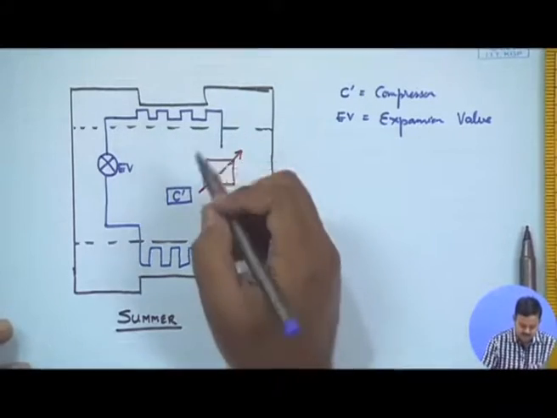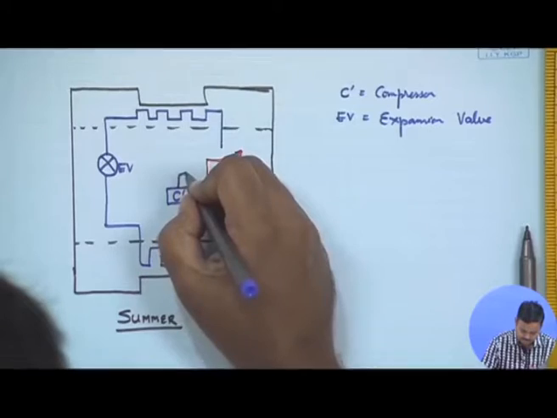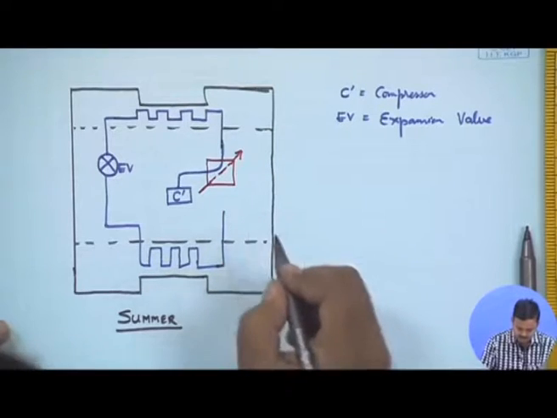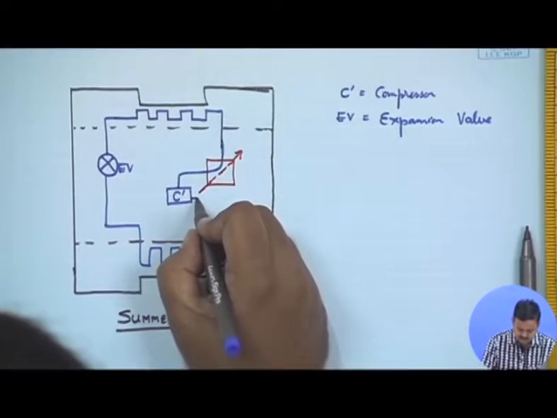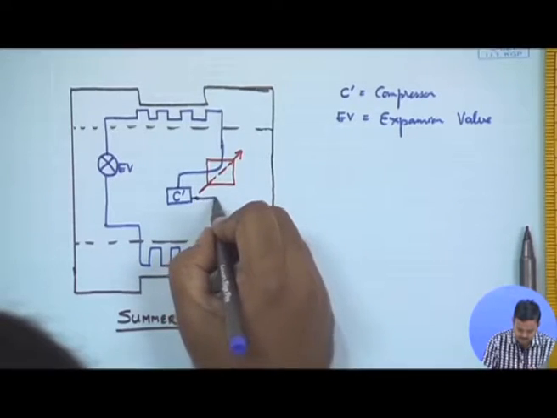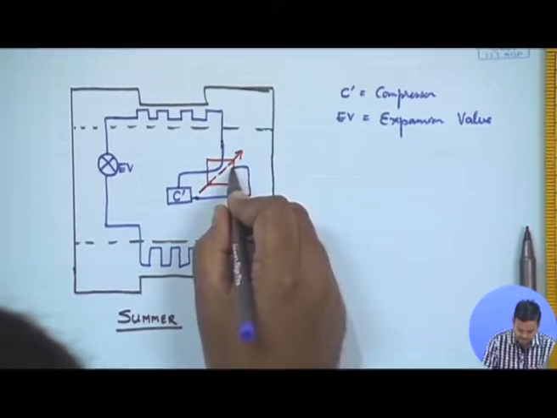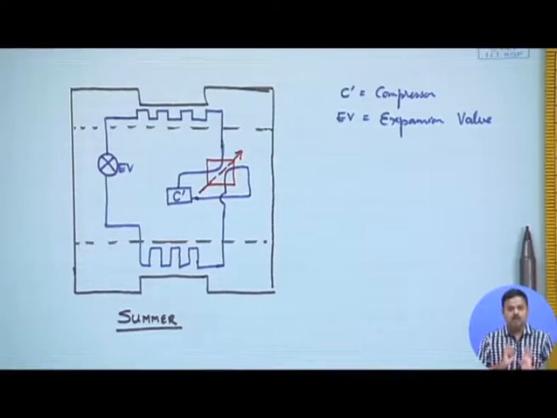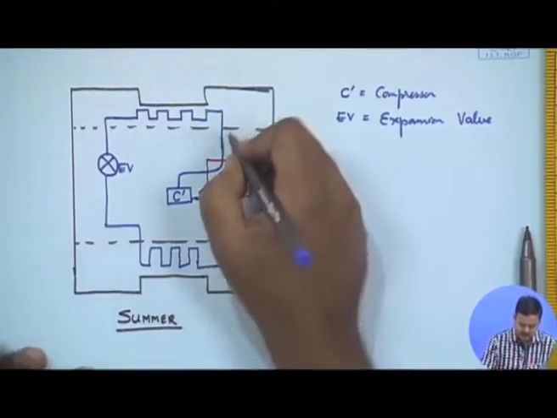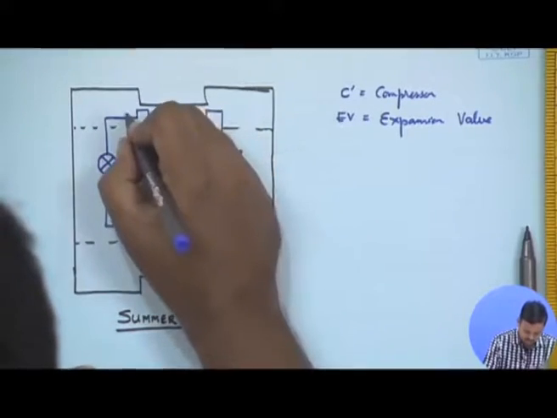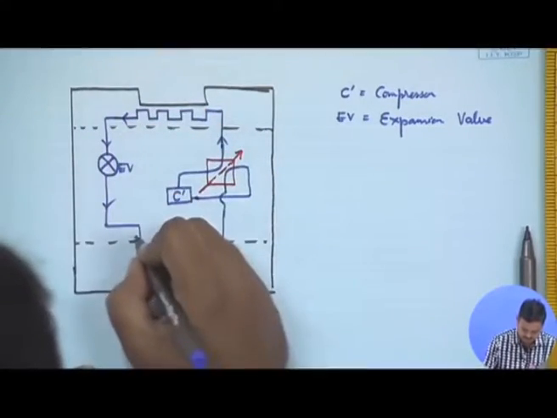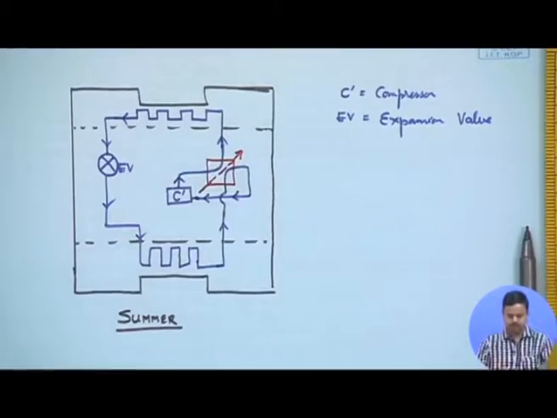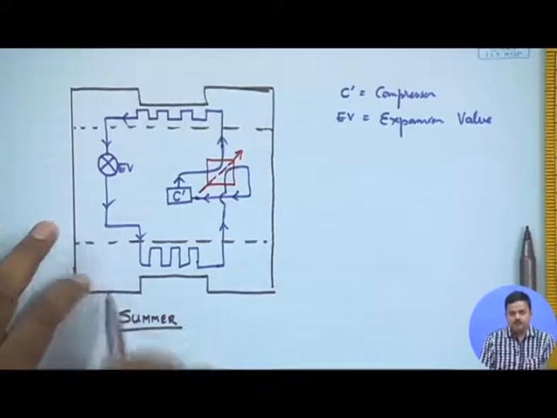So what happens here is, in one case I am going to draw this compressor. So I have drawn it in this manner, and let me put some arrows over here. Now, this is the room that I want to cool.